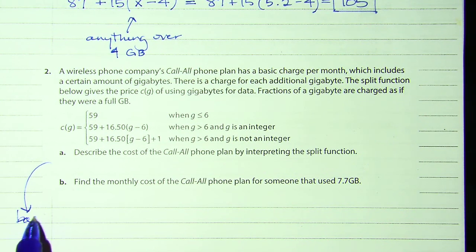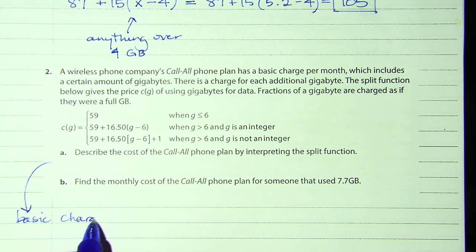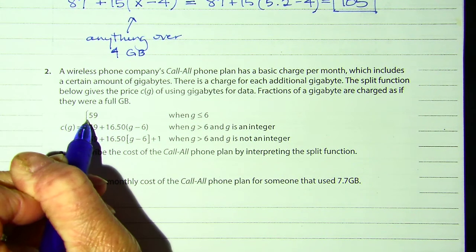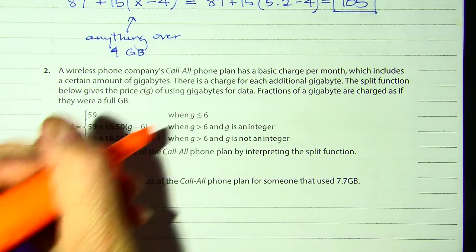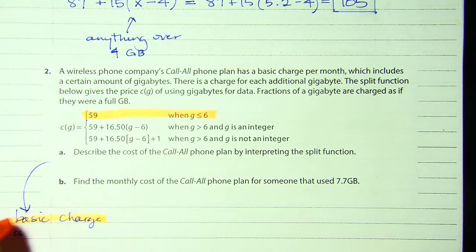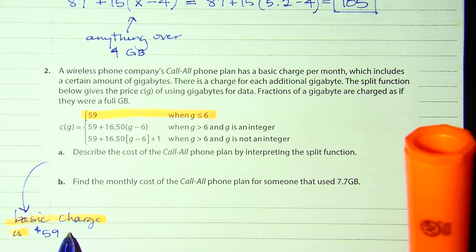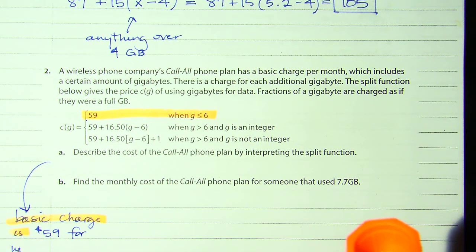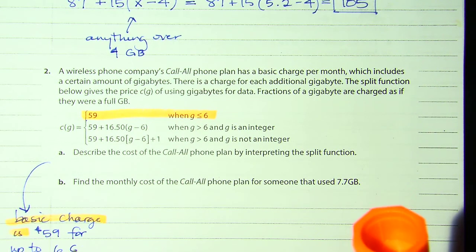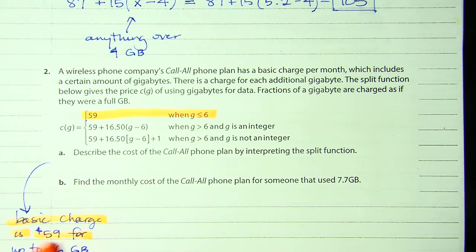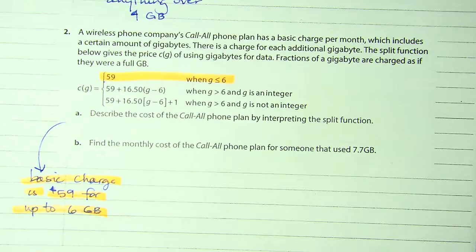Our basic charge is based on this first sentence. Is $59 for up to 6 gigabytes. That's what I can interpret from this first sentence, okay?